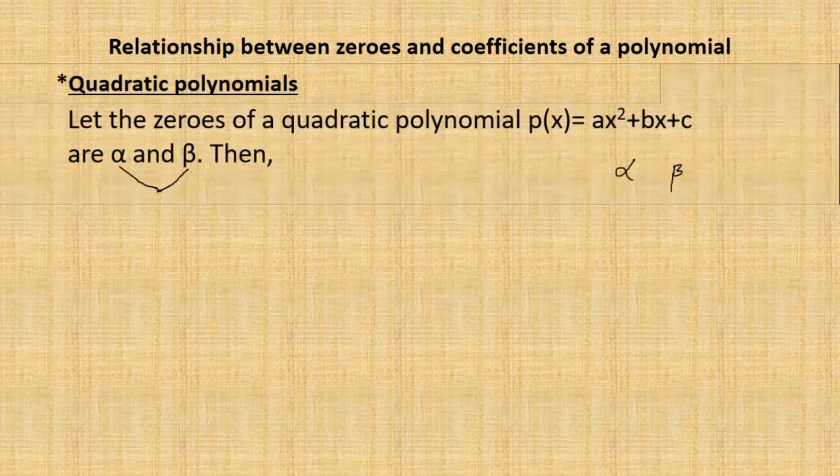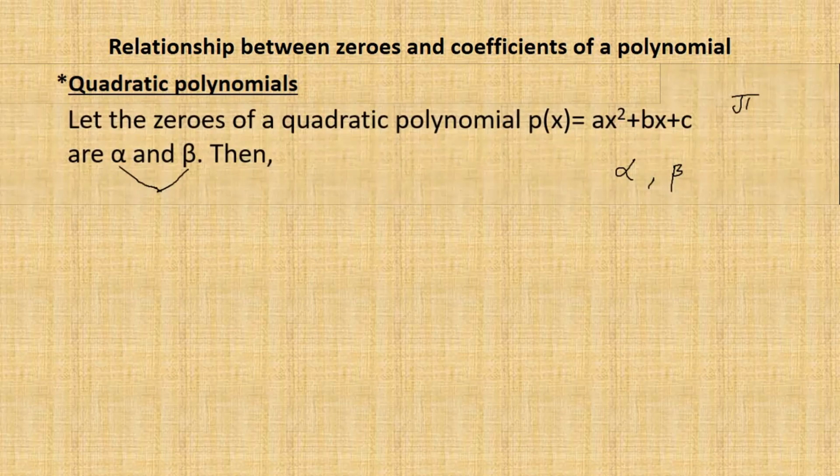In mathematics, we always use these, not only in polynomials, in many branches of mathematics we use Greek letters. Pi is a constant, right? Pi, 3.14, and so on. Pi is a Greek letter. Similarly, alpha and beta we use to represent constants.